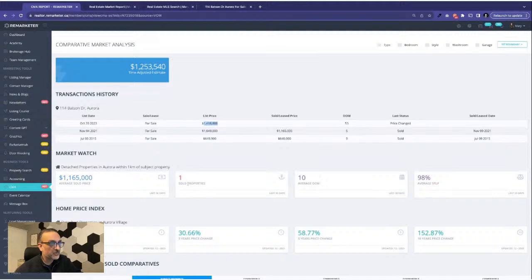The number of sold properties in the last 30 days within 1 kilometer of the subject property was 1. 1 is not enough for any kind of analytical decision making. So that 1.165 is that one property that's sold. That's the average price of that one property that was sold. So this is the price right there. And it's not a good enough basis for you to make any assumptions in terms of average properties.